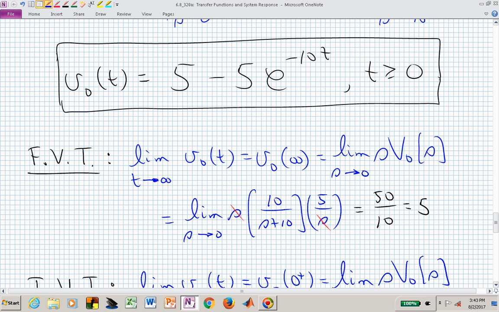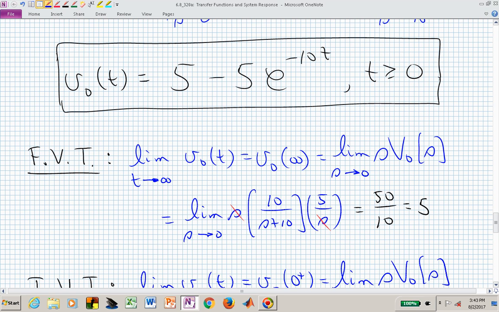We have 5 minus 5 or 0, which means this low-pass filter, if that capacitor is unenergized to begin with, and we turn on a step at time t equals 0, then initially there's no voltage across that capacitor. And eventually that voltage will build up to a value of 5, and it builds up through this exponential decay.